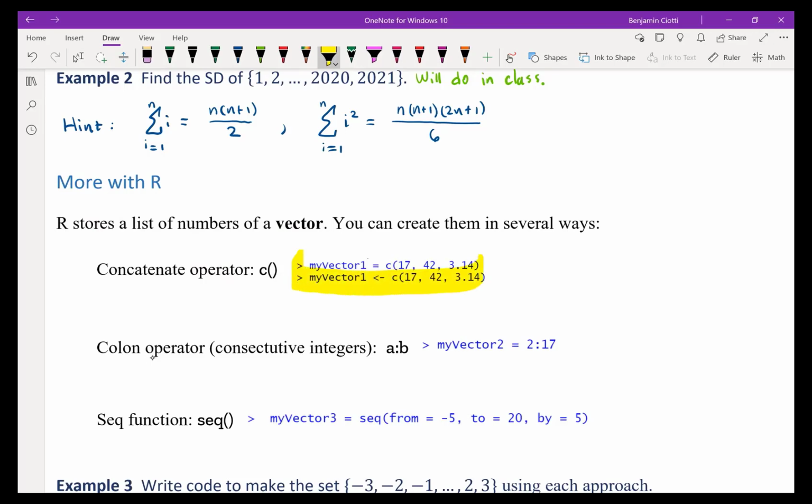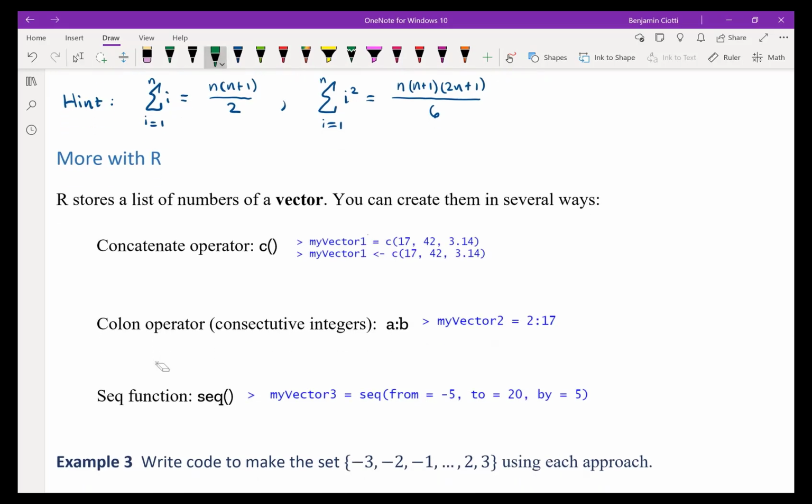In these two lines, I actually wrote it two different ways, one with an equal sign and one with this replacement arrow. Either one works. You can use the equal sign or the left pointing arrow. Both will be fine. And in both cases, by the way, I'll just tell you what this does.